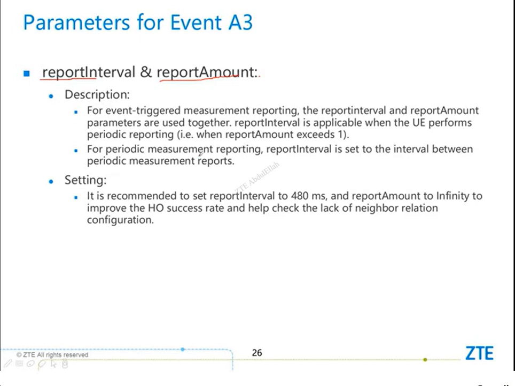For example, we recommend a report interval of 480 milliseconds, so the UE will report the result every 480 milliseconds. And for the report amount, we also suggest setting infinity. Infinity just means always report until the eNodeB receives the report result.